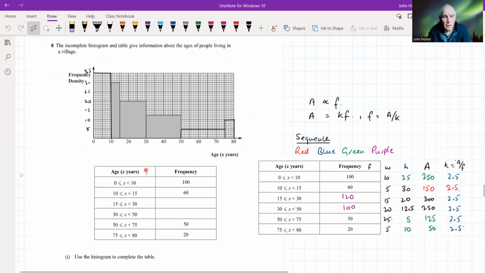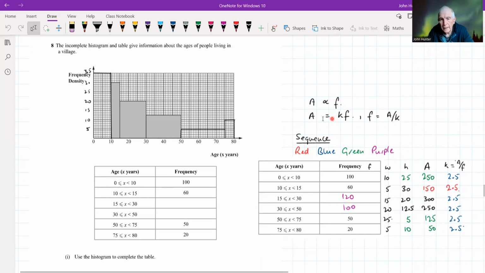Now these frequency bands here are not all the same width, and this is why we've got frequency density, because in a frequency density chart, the area of each block represents, or we could say is proportional to, the number. So the area is proportional to the frequency.